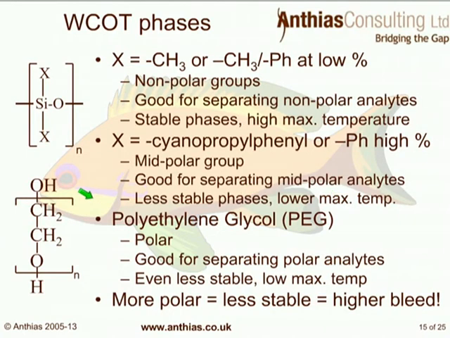The other type of liquid phase we can have coated in our capillary column is polyethylene glycol. This is a very polar phase. It's very good for separating polar analytes like alcohols, and it's even less stable, meaning we have a lower maximum temperature. So in general, the more polar the column, the less stable it is, and the higher bleed it gives, which of course will affect our mass spectrometer.